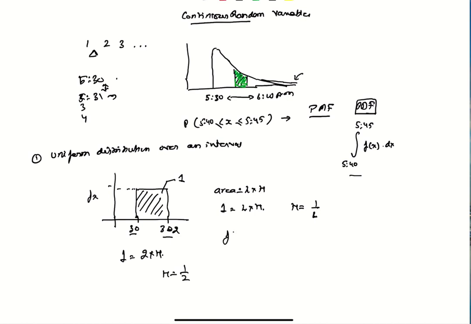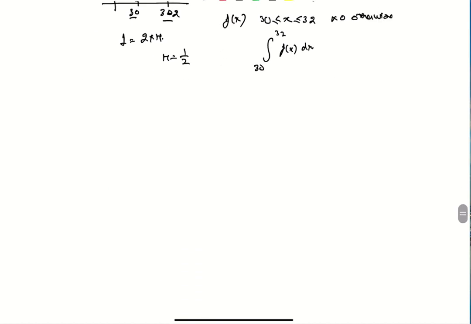So f(x) in this uniform distribution is going to be 1/2, where x is more than 30 and less than 32, and 0 otherwise, and you will write it as the integral from 30 to 32 of f(x) dx.